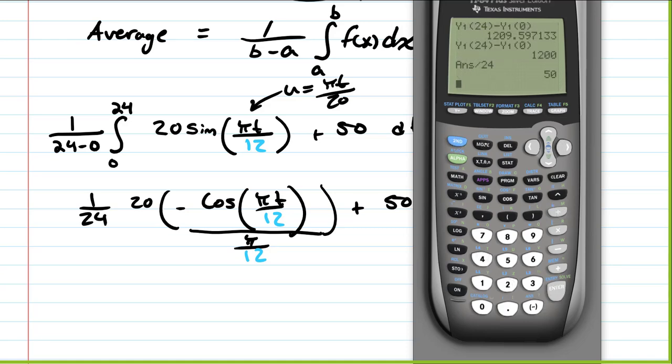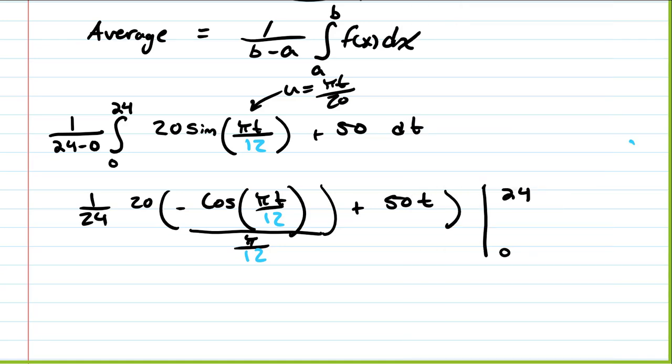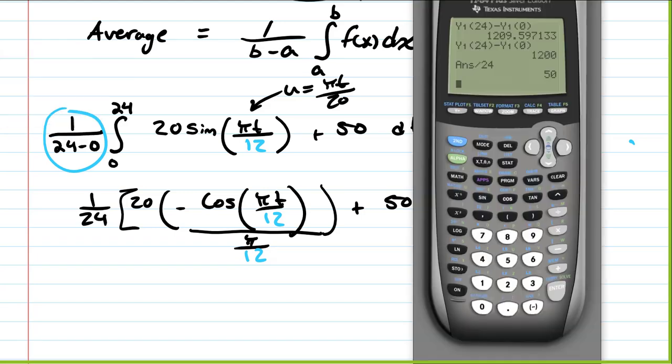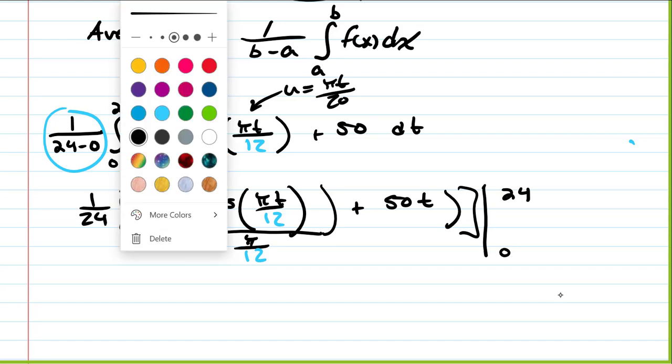And that should fix our problem, because the 1 over 24 here was outside the integral, so it belonged to everything in there. So now, we get the value we're supposed to, which is 50.